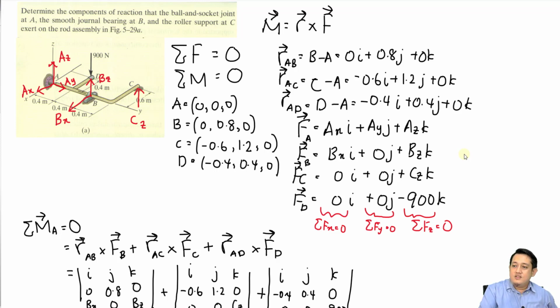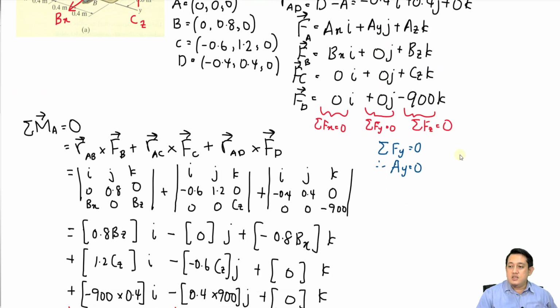Easy. So let's do Fy first because we only have one unknown. If we do total of Fy equals 0 here, then we get Ay equals 0, because we have no other value in y direction. Ay only. So Ay equals 0.